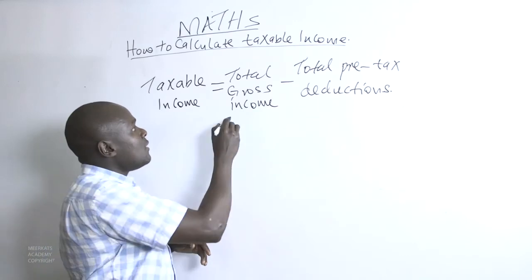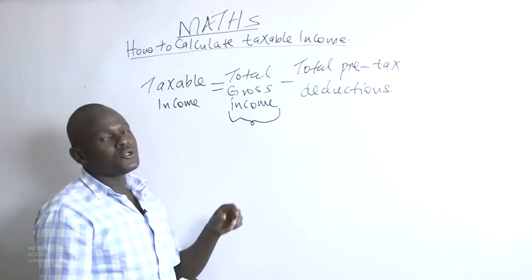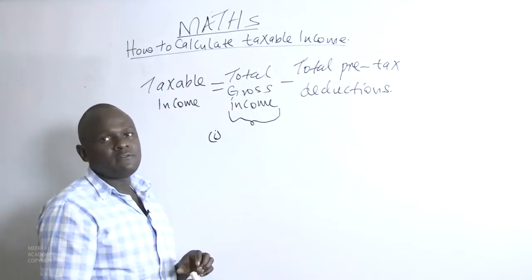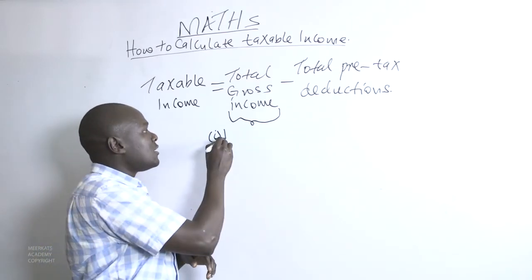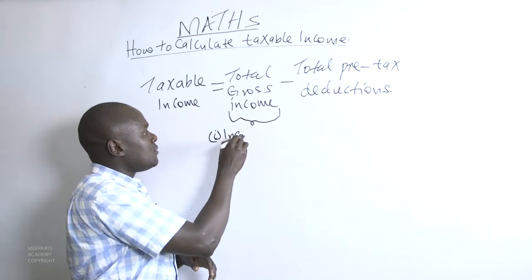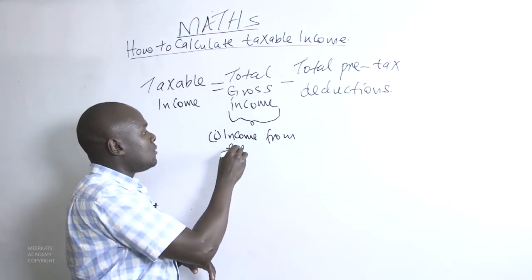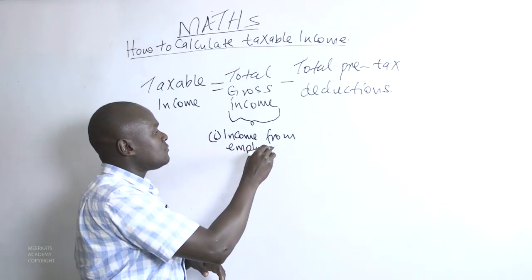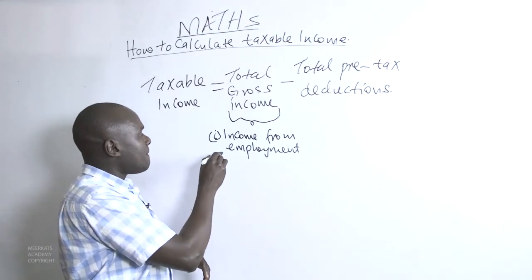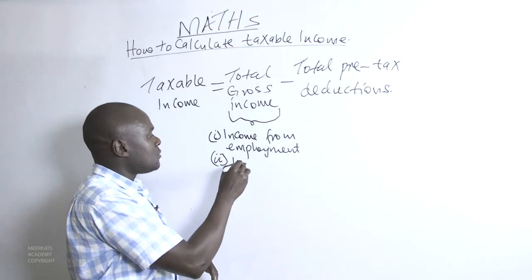And remember, under this total gross income, we learned that it has several components. We can have income from employment, and we can also have income from part-time jobs.